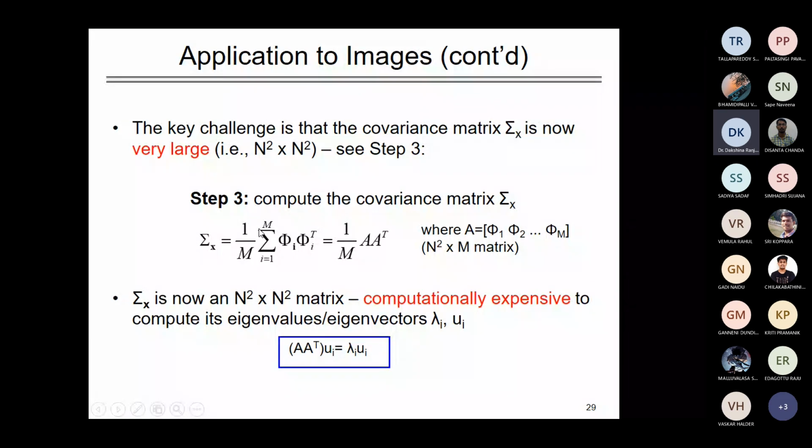If we take the summation over phi i and transpose of phi i, we get the covariance matrix. In another way, we can write the covariance matrix as 1 by m into A A transpose. Now this is multiplied with the unit vector, which is given by lambda i and ui.